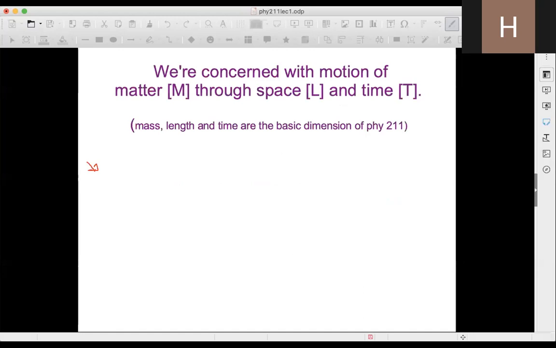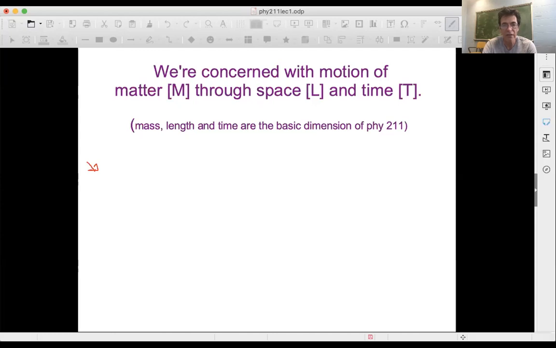Okay, so in this class, we're going to be thinking about 3 basic dimensions of nature. That's really all. There's mass or matter. That's one dimension of nature. There's space.